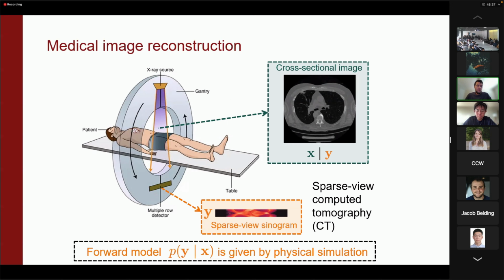And what we've shown is that using score-based diffusion models, you can get really good results in CT scan and MRI reconstructions by using a very good score-based diffusion model as a prior over medical images, and combining it with the likelihood, which is known exactly in this case: it's whatever the physical process corresponding to CT scan or MRI looks like.